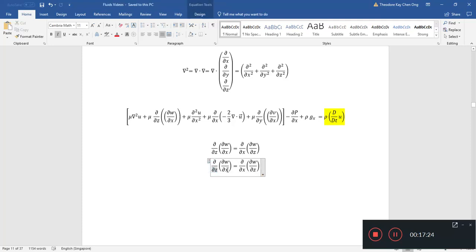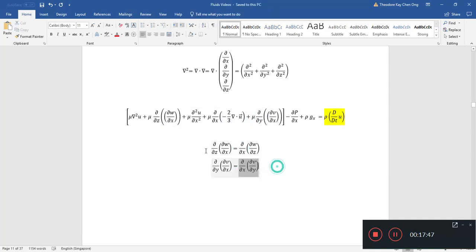There's a y and a v here. So v and y. So again, I'm going to replace these two derivatives with these terms.